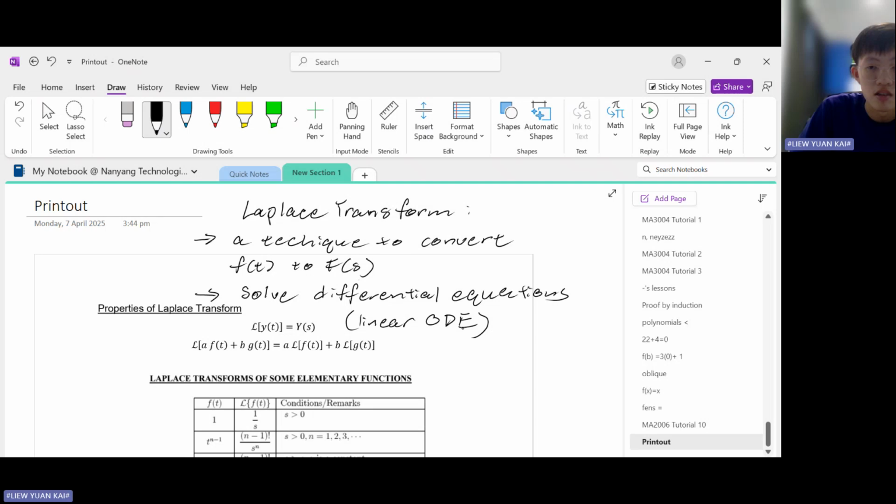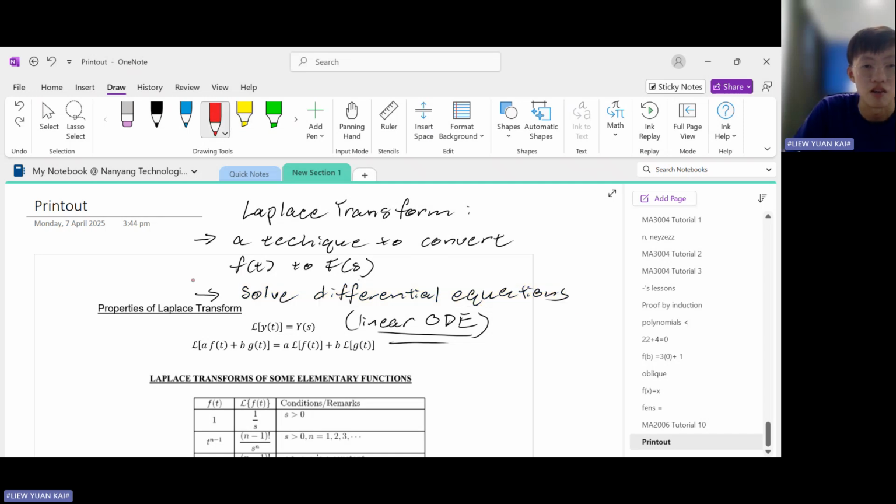These are the simplest case of differential equations, so we're not going to explore very complicated cases. So Laplace transform is a technique to convert f of t to F of s, and what it eventually helps us do is to solve linear ordinary differential equations.